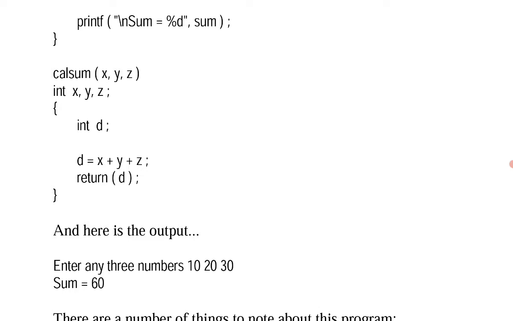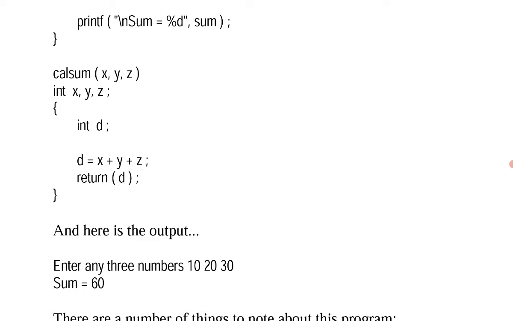Second part is calling a function from a main program. After defining a function in a C program, you have to call this function from within the main.